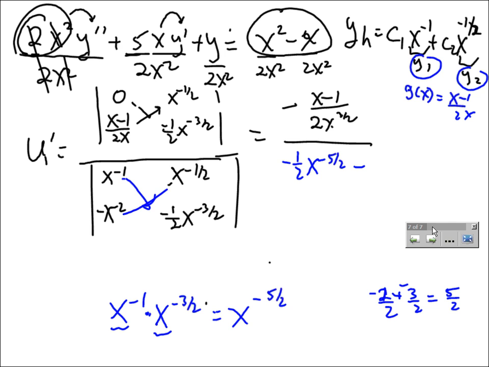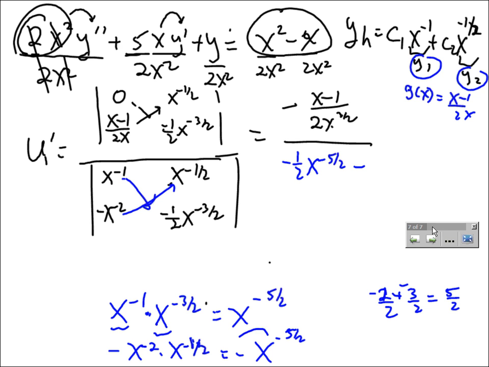Minus this product, which will be negative x to the negative 2 times x to the negative a half, and you add the powers, it's going to be negative 2 and a half. So 2 and a half is 5 halves.